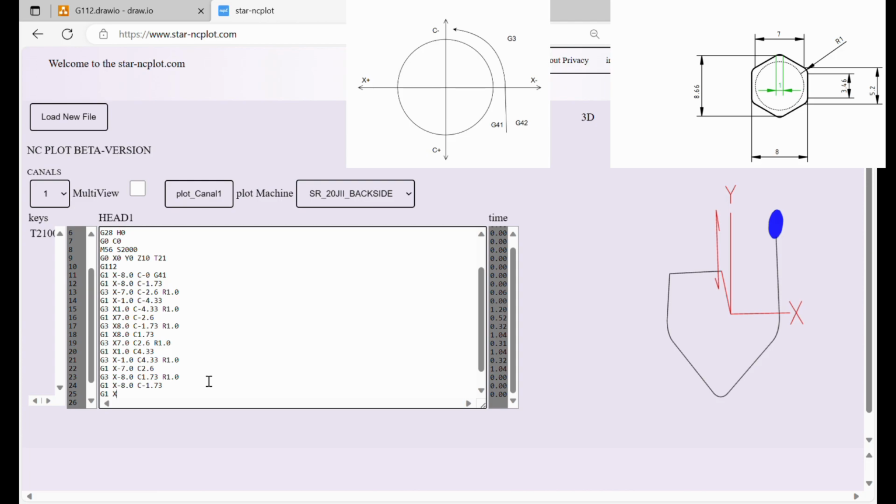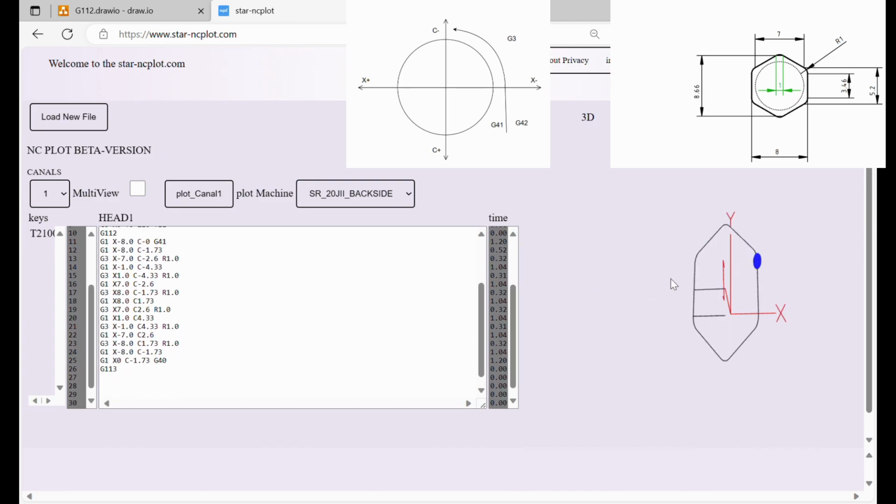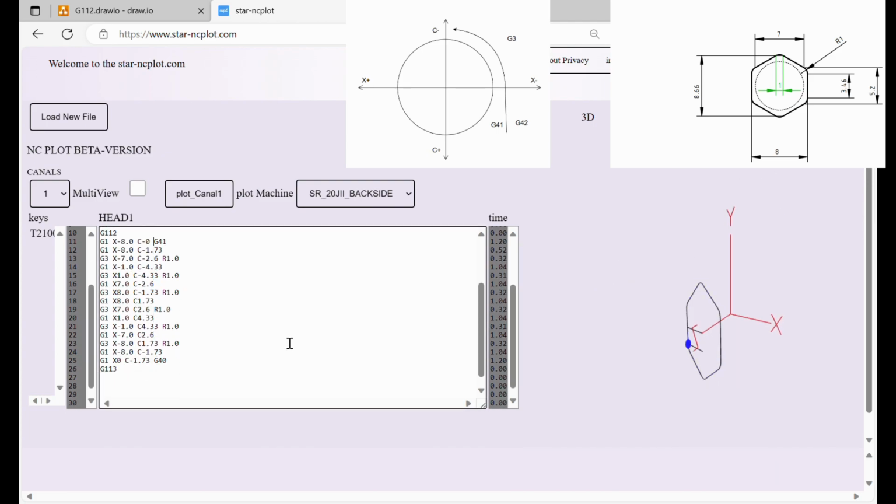Now reset G40, and reset G112. Perfect. So we start, we make our hexagon and back.